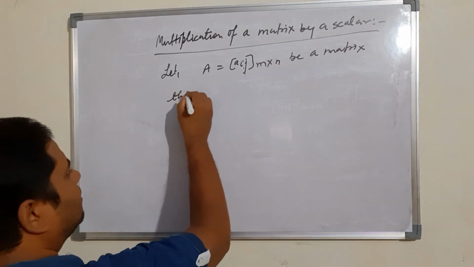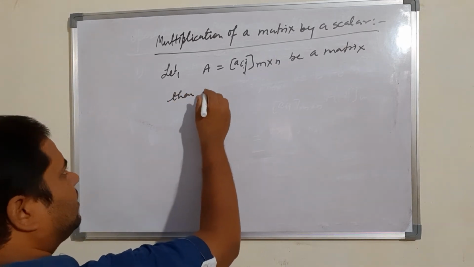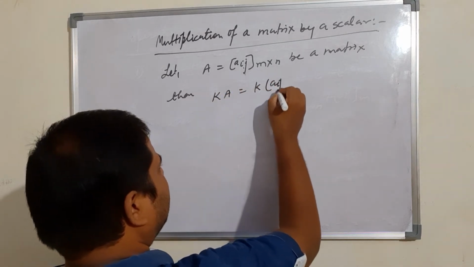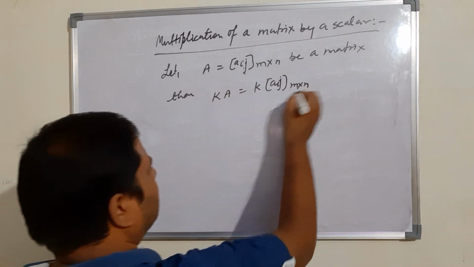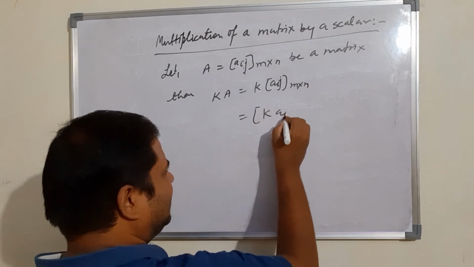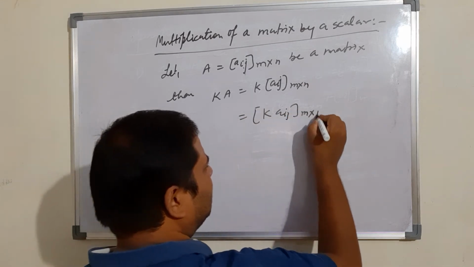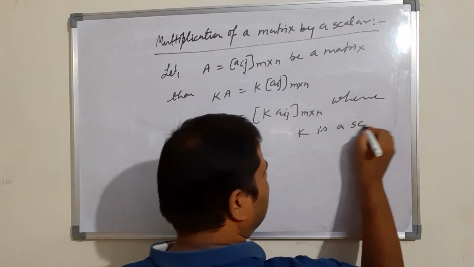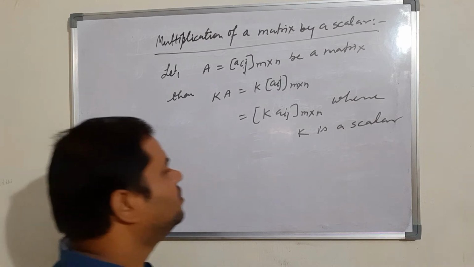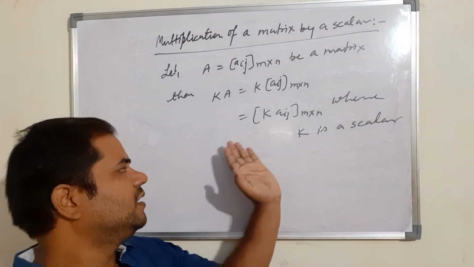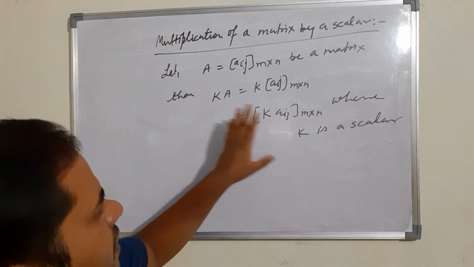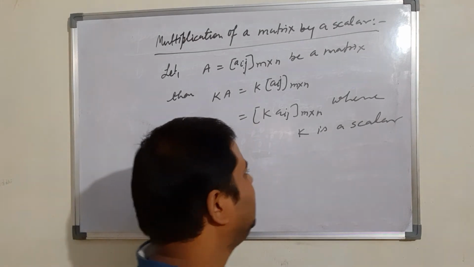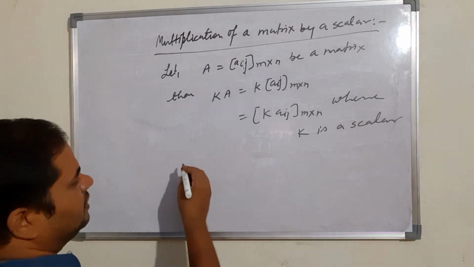Then k into A, that means k times Aij, M cross N, is equal to k Aij, M cross N, where k is a scalar. If we multiply a scalar by a matrix, then this scalar is multiplied into each and every element of that matrix.